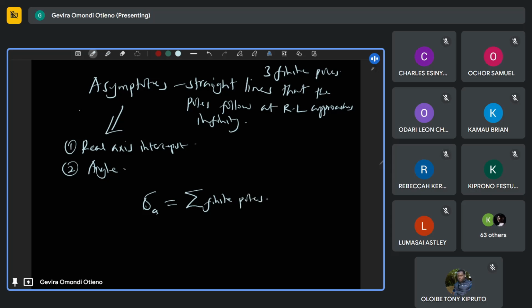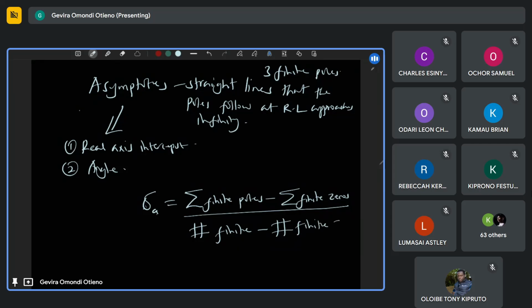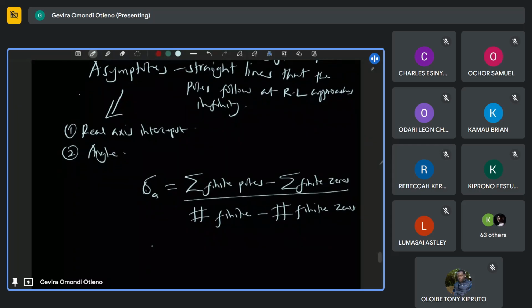That's why these formulas are very important, minus the sum of the finite zeros. You divide by the number of finite poles, subtract the number of finite zeros, not product, number of finite zeros. That's very, very important.